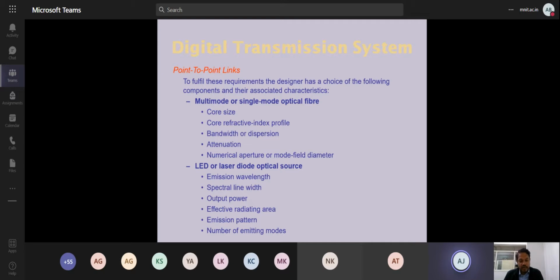Of course, coupling even laser output is easier with a multimode fiber, but the advantage offered with laser diodes with single mode fibers is much more. So even with a small radiating area, even though it is difficult, people have found ways of coupling the laser output onto single mode fibers.